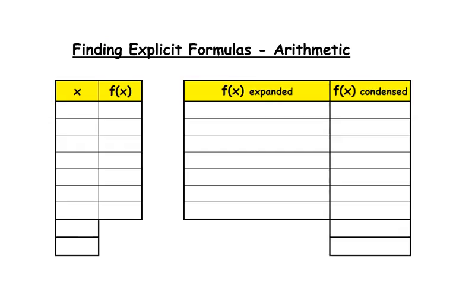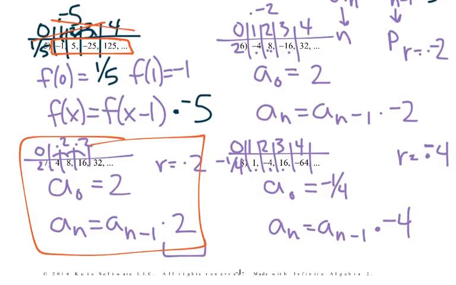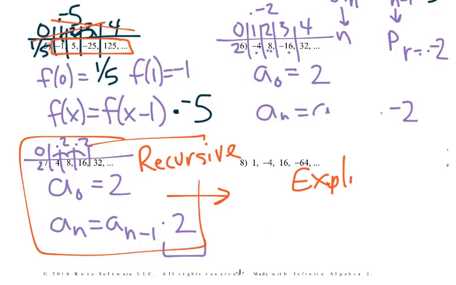Okay? So, the interesting thing too is when we wrote the explicit here, okay, so the explicit, this is the recursive, the explicit, okay, would be a sub n equals our starting number 2 times our growth 2 to the x, or the n in this case, because I used n.